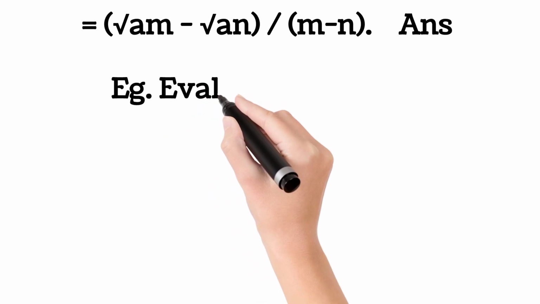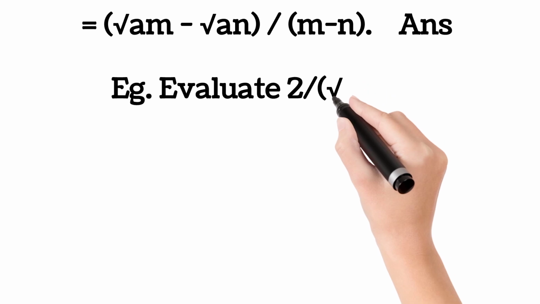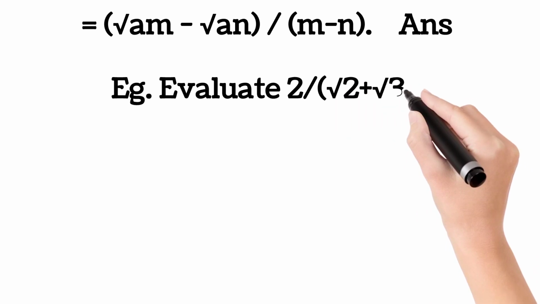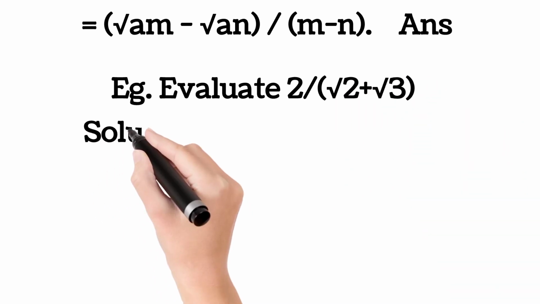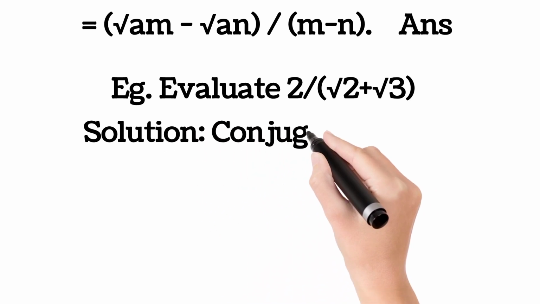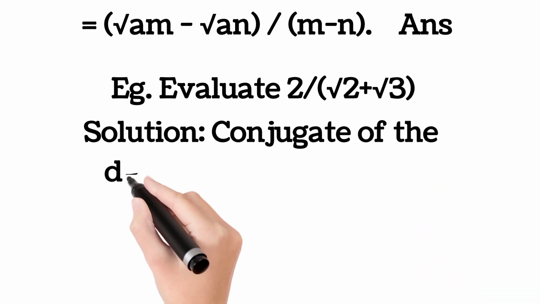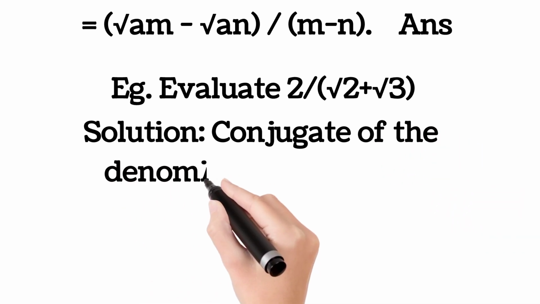Example of this is evaluate 2 over, open a bracket, root 2 plus root 3, close the bracket. Solution. In this respect now, we're going to conjugate as well as rationalize.